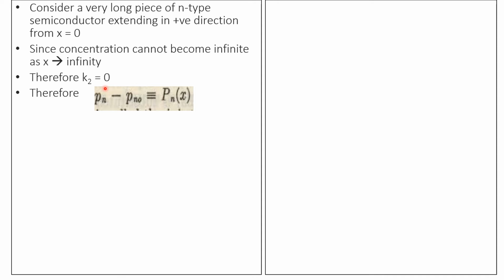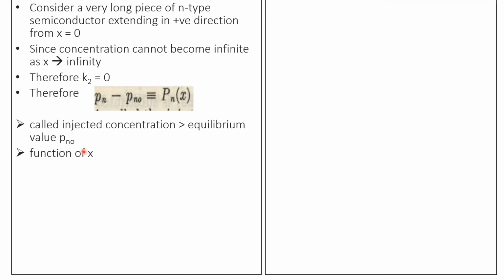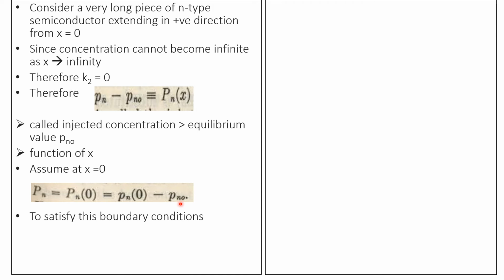Therefore, p_n minus p_n0 will be denoted as p_n'(x). This is the injected concentration which is greater than the equilibrium value p_n0, which is a function of x. Assume at x equal to 0, we can write this equation as p_n'(0) is equal to p_n(0) minus p_n0. This is at x equal to 0.